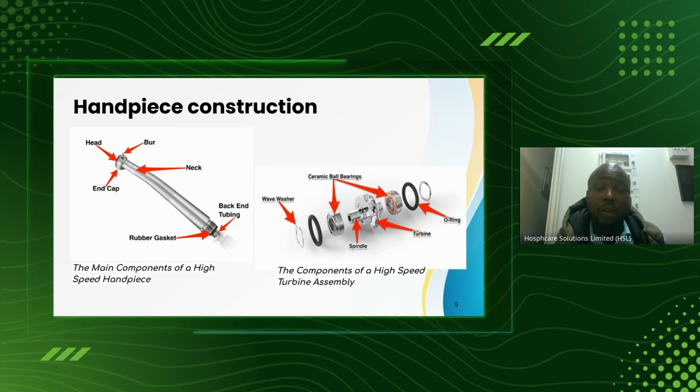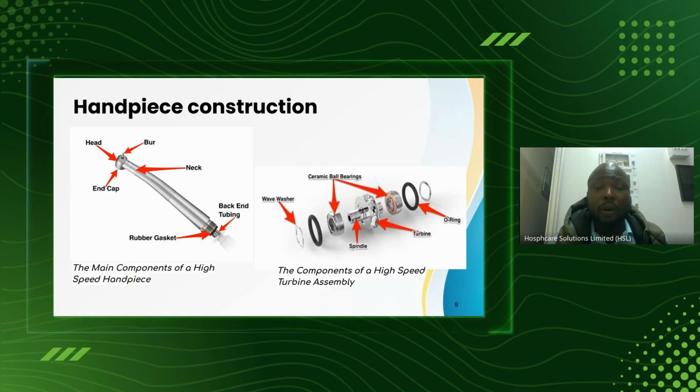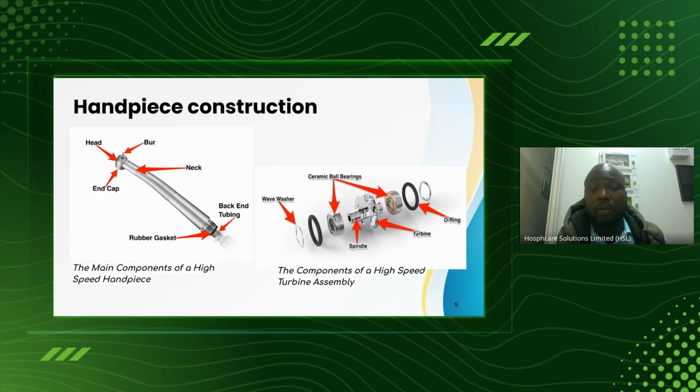Within those big holes, we have smaller ones. That is the entry point of the air. So the air will land on the turbine blades here and rotate and come out via the other bigger hole. So the complete rotation will create a high revolution in this turbine.